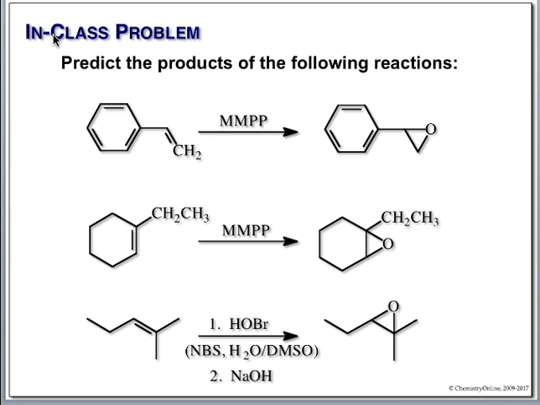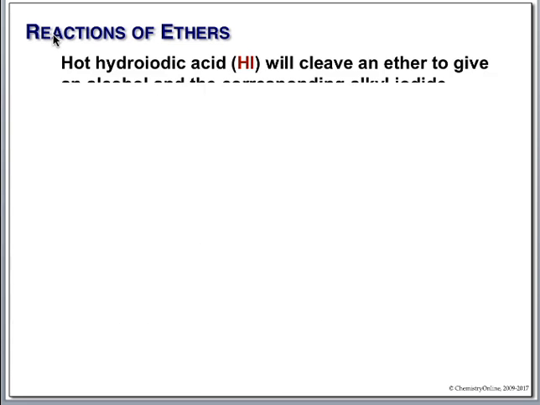Well, I said that ethers were basically a boring functional group. Epoxides will undergo reactions, that makes them neat, but most ethers don't do much of anything. About the only real reaction that you can do with an ether is to split it in half.